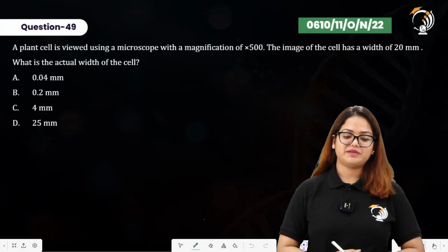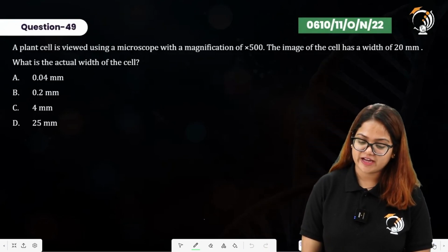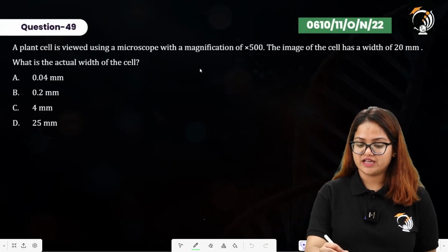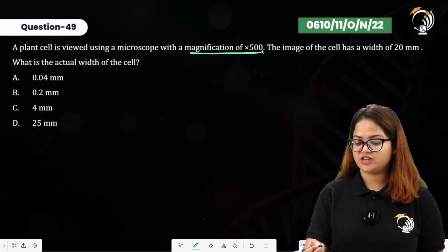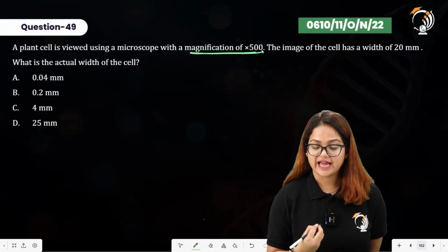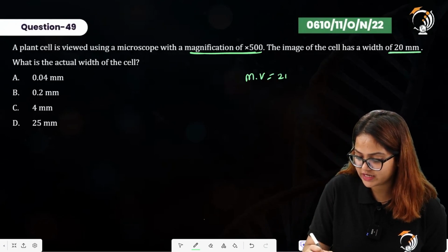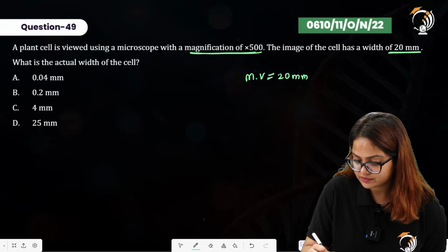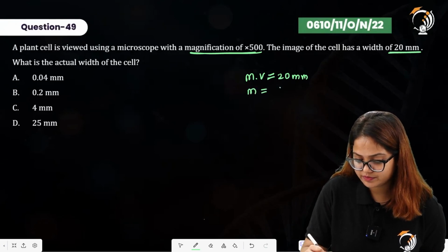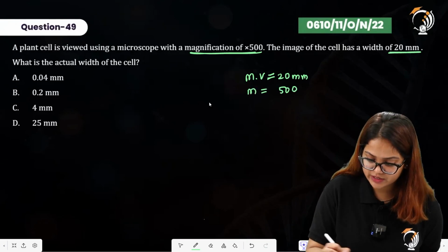Question number 49 says a plant cell is viewed using a microscope with a magnification of 500 times. So we are provided with the magnification here. Image of the cell has a width of 20 millimeter. This is the magnified value, 20 millimeter. We have the magnification as 500 times. We have to calculate the actual value.